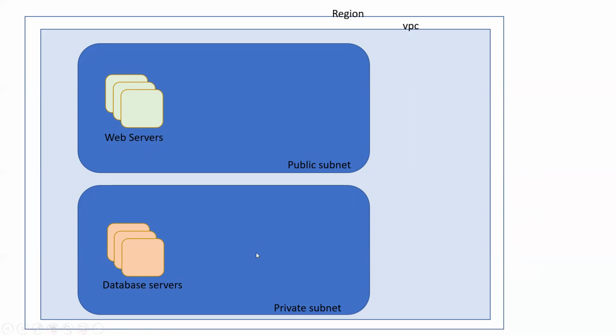But essentially, the one key point here is that a subnet cannot span multiple availability zones. One subnet can be in one availability zone only. A subnet cannot span multiple availability zones, but you can have several subnets within a single availability zone.